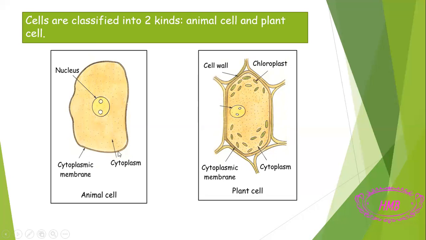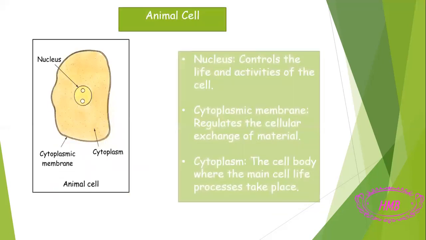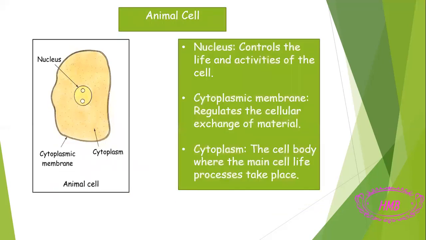And finally, the door of the cell, the border or outer covering, we call the cytoplasmic membrane, which helps the cell obtain all of its needs by entering through this membrane and get rid of all the waste through it. So the cytoplasmic membrane is for the cellular exchange of materials. So these are the parts of the animal cell.